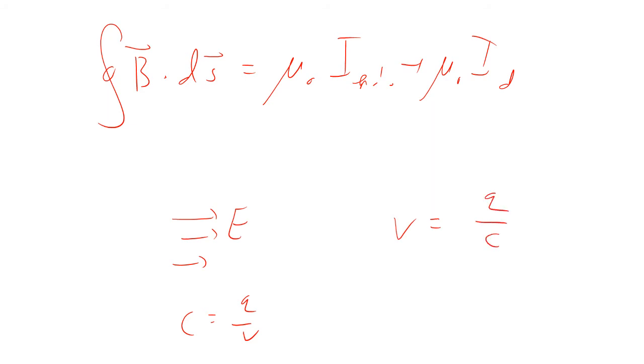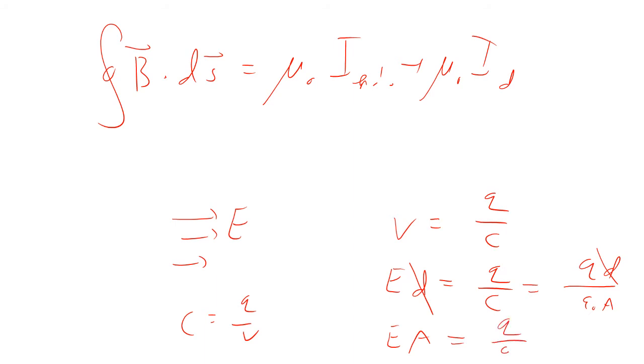And so the V is going to be E times D. So that's Q over C. And he thinks about it and says, well, that means that C is epsilon naught A over D. So that means it will be D over epsilon naught A. Okay, and then multiply by the A. So E times A is going to be Q over epsilon naught.